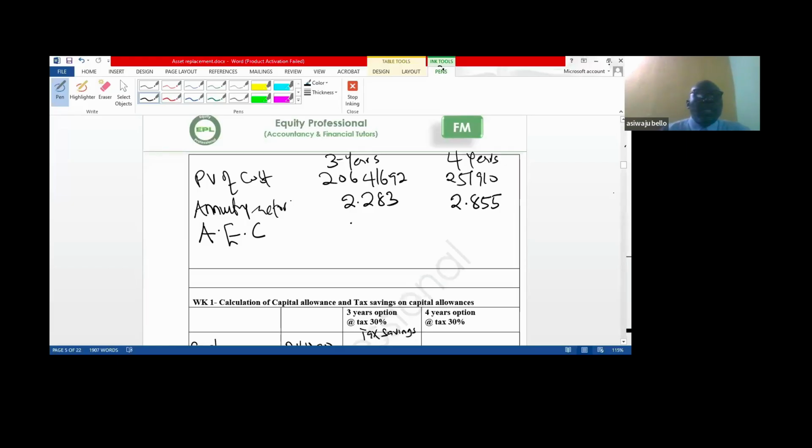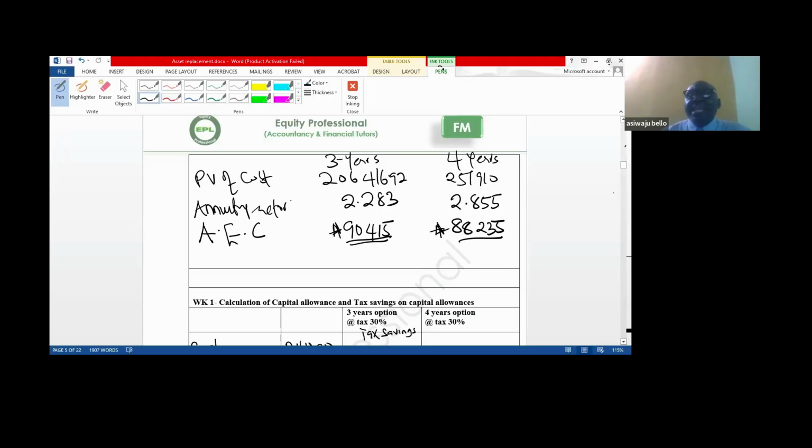This will give us 90,415. Option 2, divide the present value of cost, 251,910 divided by 2.855. This will give us 88,235. You now compare the two.